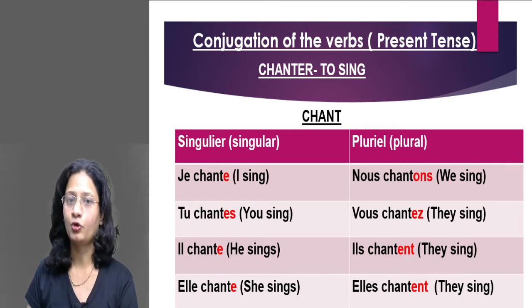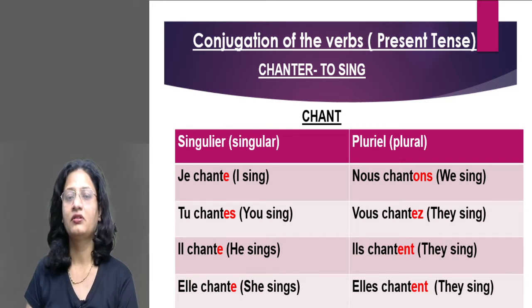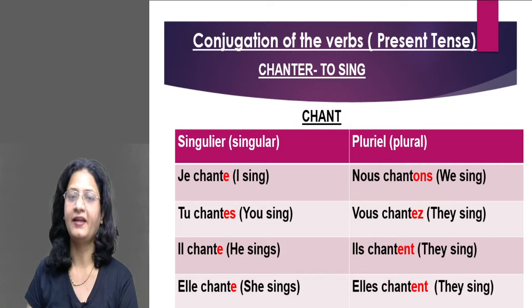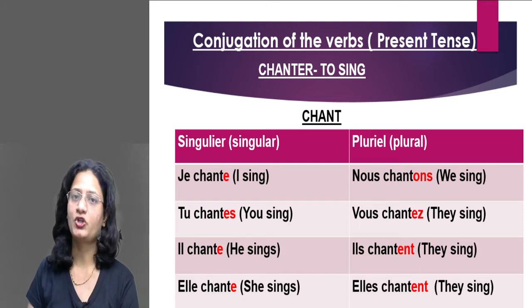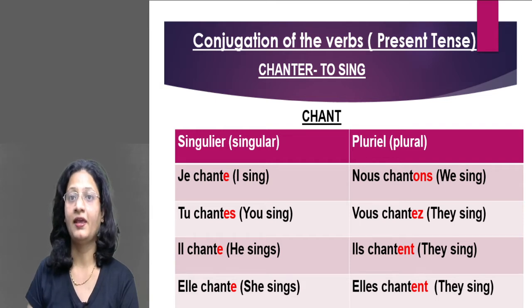Take the root chant, and for je add E, and the pronunciation is je chante. For tu add ES, the pronunciation is tu chantes. Il add E, il chante.